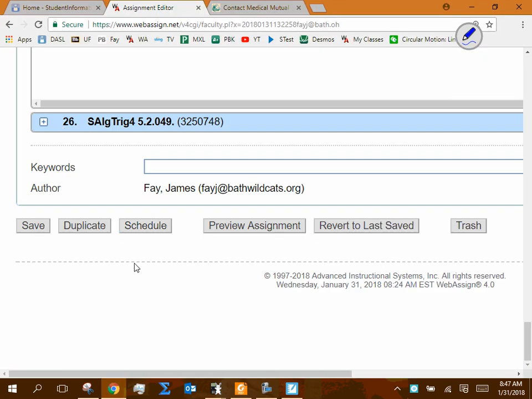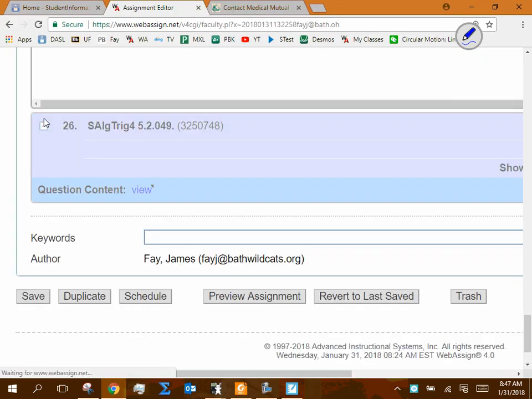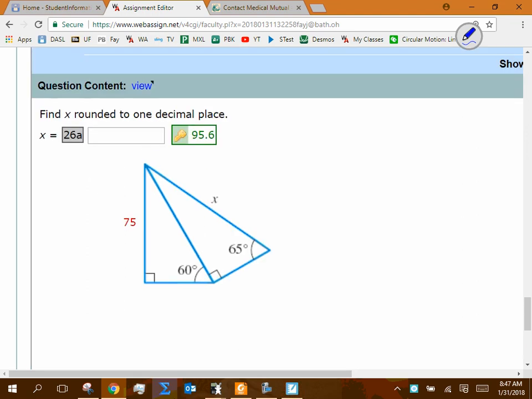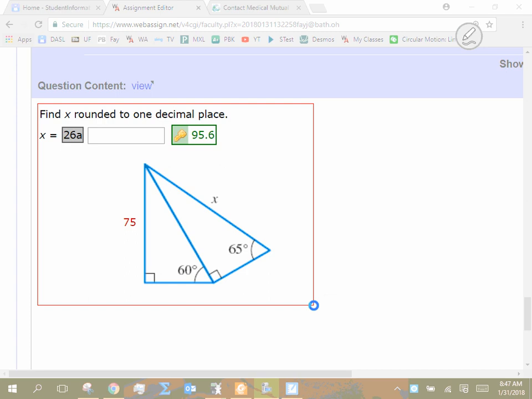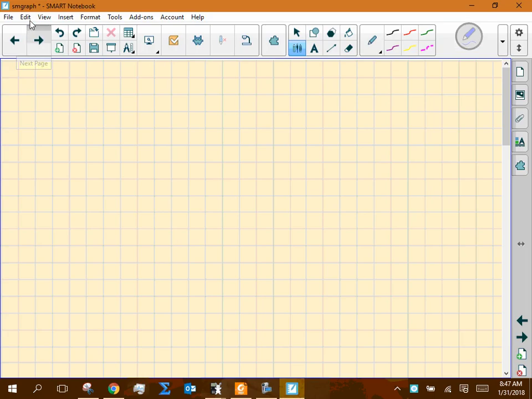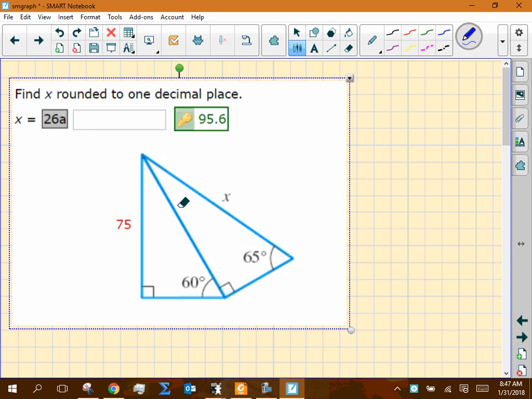The last one, 26. This one here is similar in the approach, but if we look at that set of triangles, one of them is a nice one. One of them is a 30, 60, 90, right?